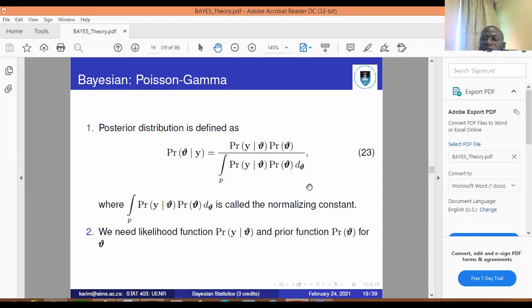They don't change anymore, and that means whatever you are doing has converged to the true value or to the maximum parameter. So you will not get anything different from that parameter. So we need our likelihood function, and we need our prior function for the parameters in order to be able to find the posterior.